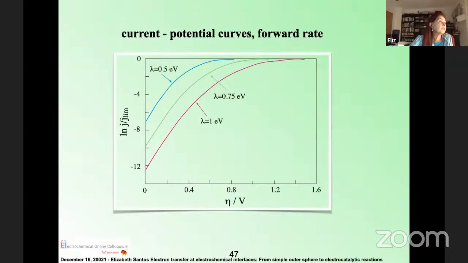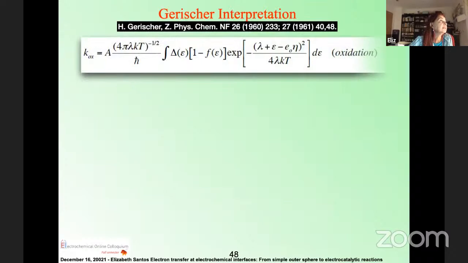Here we can also obtain our Tafel plots, and they also reach a constant value for higher overpotential. And here it's interesting to say some words about this Gerischer interpretation.